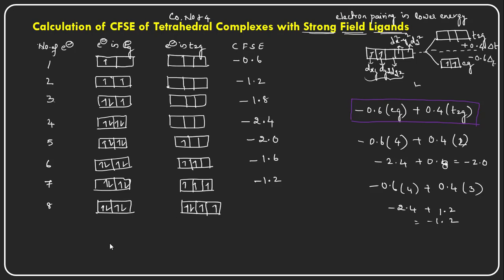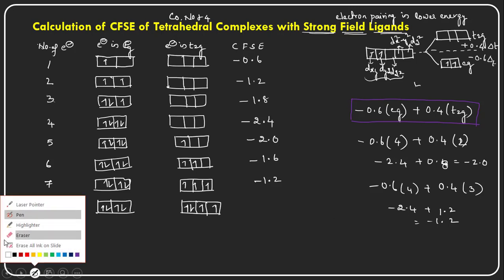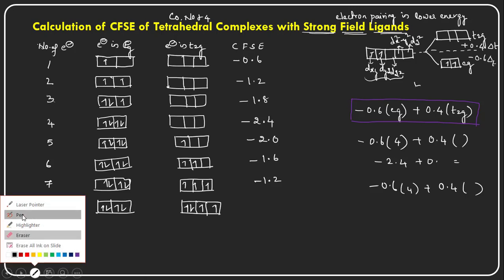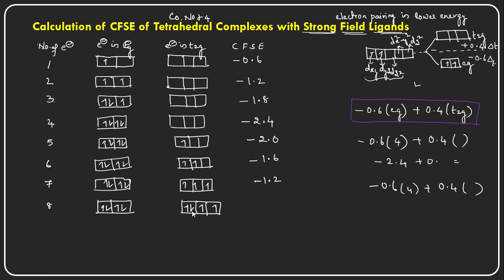So now 4 electrons. 4 electrons means, let us rub this one. Okay, so here 4 electrons are present in the T2g orbital.